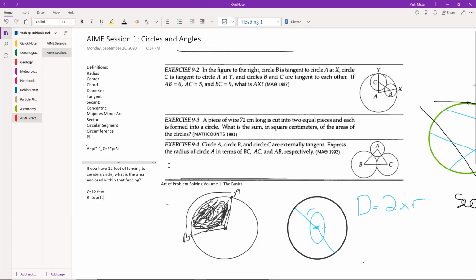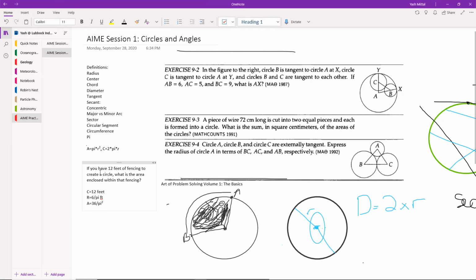Now you can figure out the area from there. Plug in r for pi r squared, and that's equal to 36 over pi squared, since 6 squared is 36, times pi.